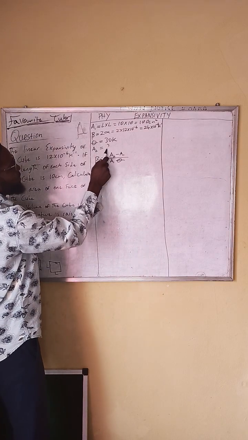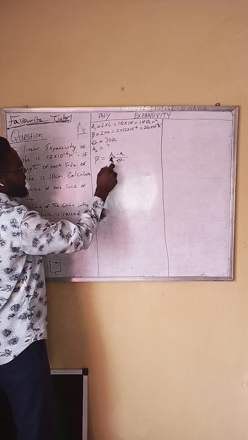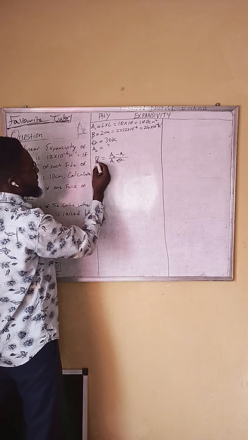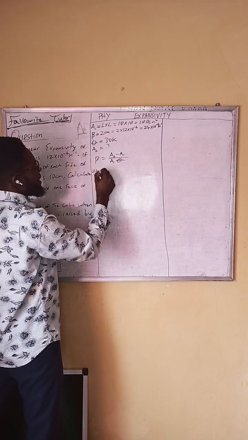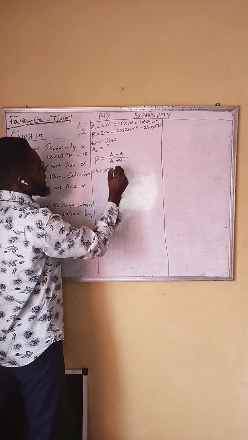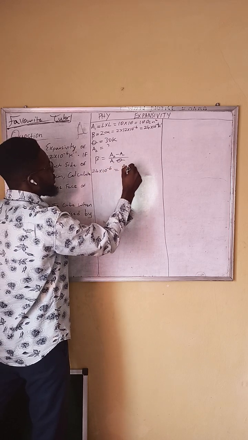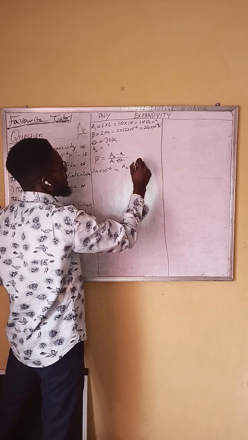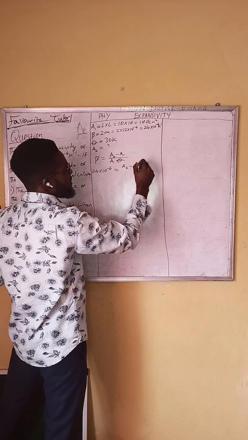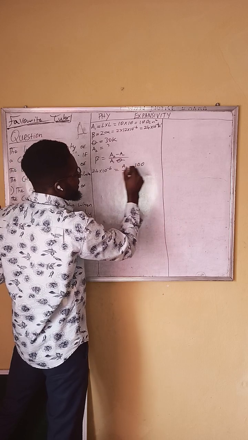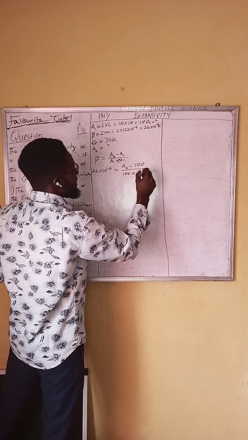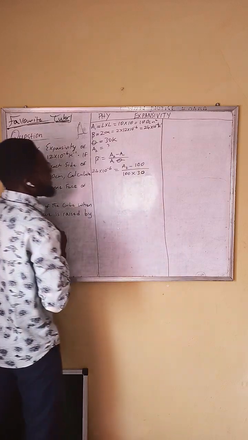We are looking for the new area, which is area 2. So the area expansivity, 24 times 10 raised to the power minus 6, equals area 2 minus area 1, where area 1 is the original area of the cube, 100, all over 100 times 30 Kelvin.